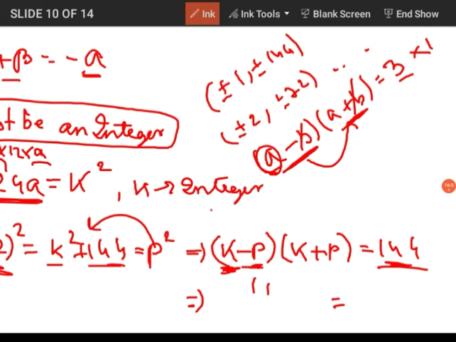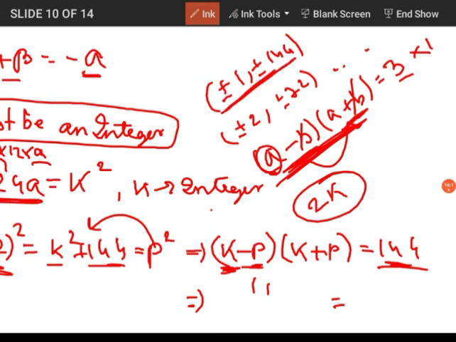But look at this one, here if you do something like this, you will get 2k. Now k is an integer, and say for this only 1 and 144, if you add them you will get 143, and on the left hand side there will be 2k.